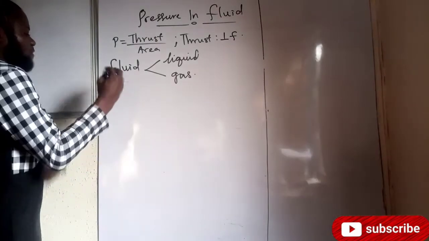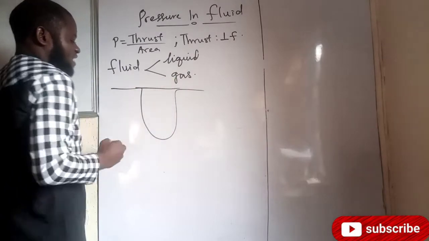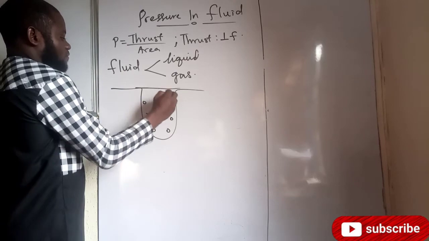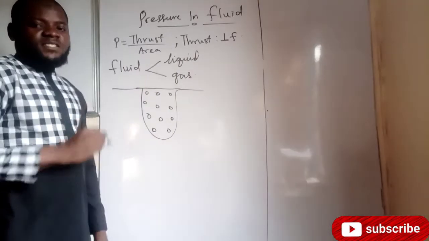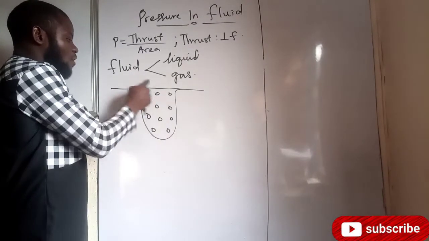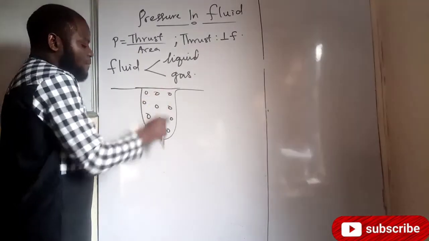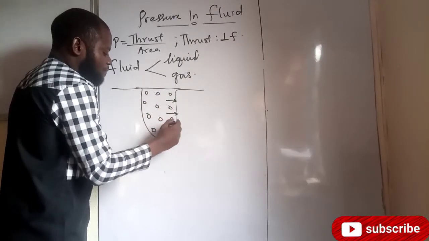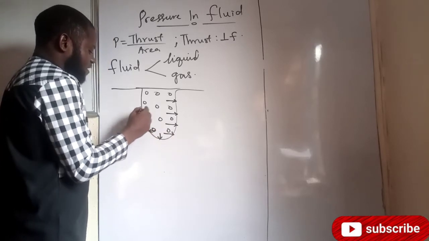Let's consider the molecules of a gas. Let's say this is a container that contains gas, and these are gas molecules. All these molecules move randomly, and as they move randomly, they hit every part of the container. But when they hit the part of the container, the hitting is always perpendicular to the surface of that container.